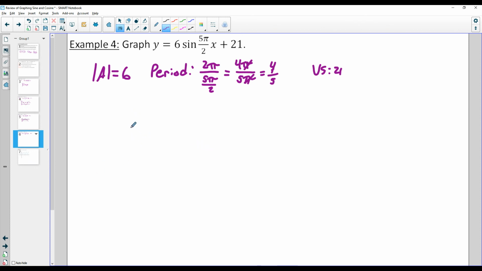If our vertical shift is 21, I know I'm really just going to have positives with an amplitude of 6. Maybe I'm going to go by threes, so it'll be 3, 6, 9, 12, 15, 18, 21, and then I'm going to have to go up 6, which is really 2 more ticks, right, if I'm going by threes. So if that's 21, up by 6 more is going to be 27, and down by 6 is going to be 15.